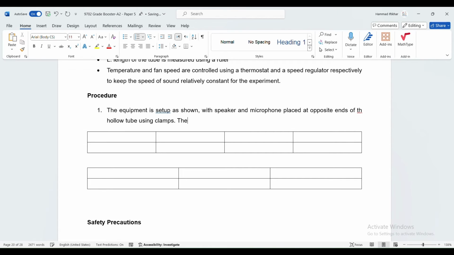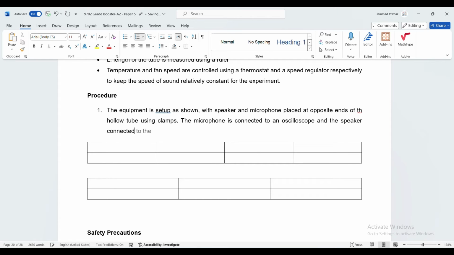The microphone is connected to an oscilloscope and the speaker connected to a signal generator.